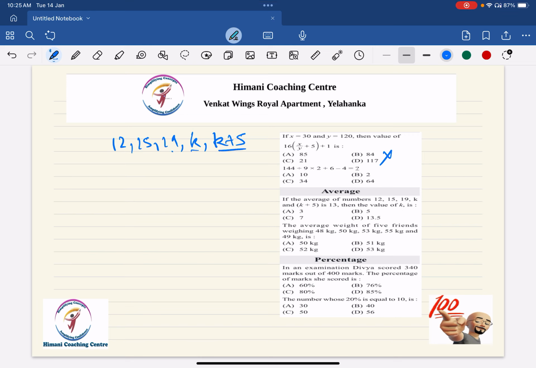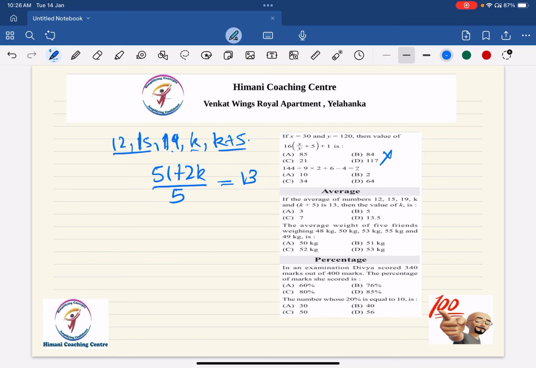Now let us add them. So 12 plus 15 is 27, and 27 and 10 is 37, 37 and 9 is 46, 46 and 5 is 51 plus 2k, because k plus k will give us 2k. That divided by 5, okay, and it says that is equal to 13.